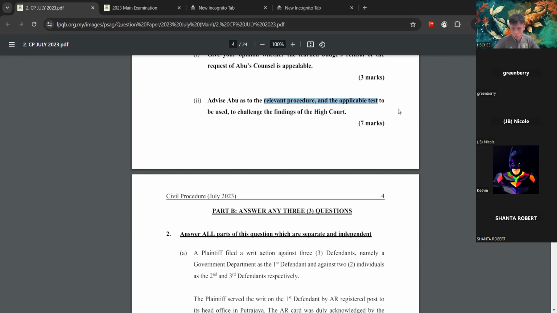Because as a general rule, an appeal does not operate as a stay of execution. Okay? So in your answer to this question, the first part is you have to write out what is a stay of execution. And then for the subheading, you may give a brief explanation as to what is a stay of execution.